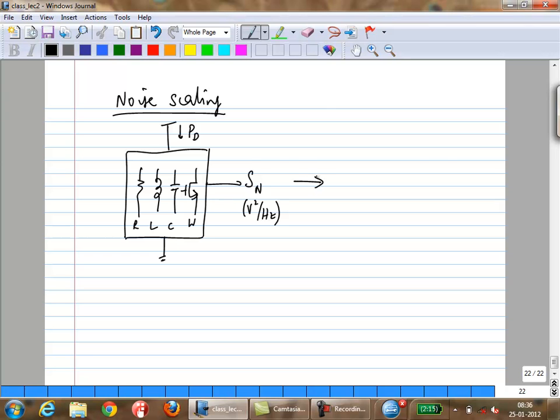Suppose you want to reduce the noise of the block. You can scale each one of these appropriately such that the overall noise gets better. How would you do that?